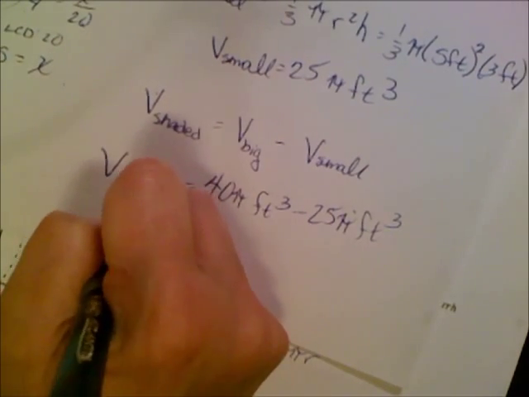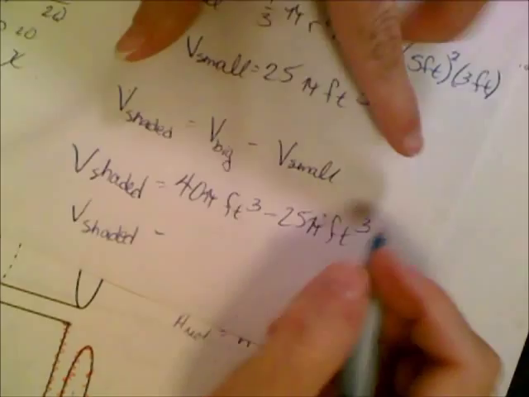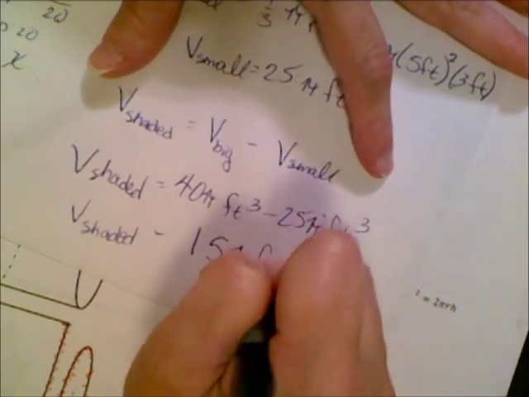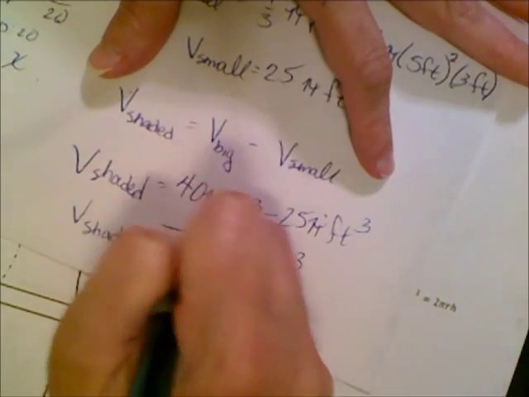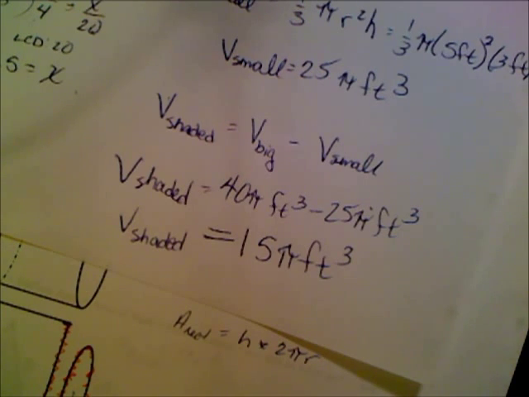So the volume of the shaded equals 15 pi feet cubed. And that's also the water.